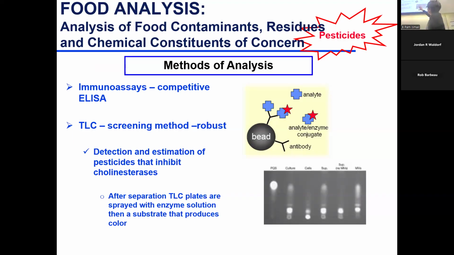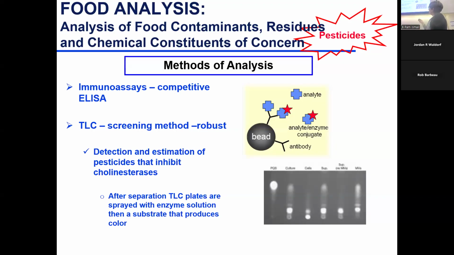And what they do is usually the pesticides attack a specific enzyme produced by pests, which is cholinesterases. So pesticides inhibit that enzyme, and that's how they kill the pests.